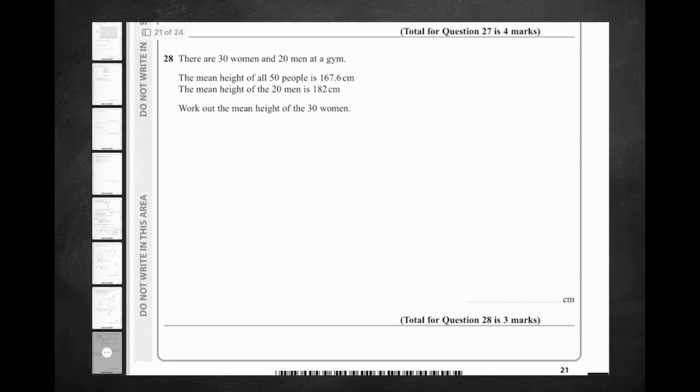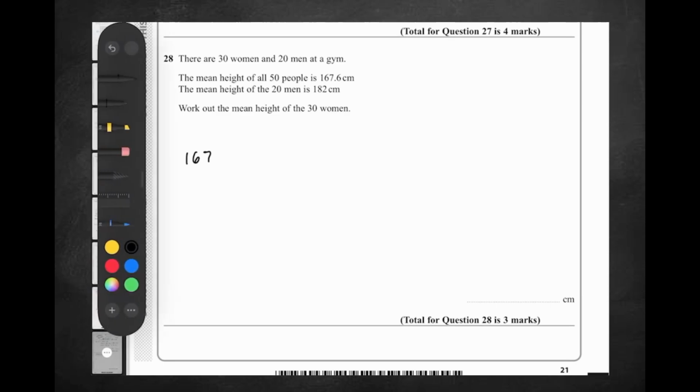Question 28. There are 30 women and 20 men at the gym. The mean height of all the 50 people is 167.6 centimeters. The mean height of the 20 men is 182 centimeters. Work out the mean height of the 30 women. So, the mean height of all 50 people is 167.6.